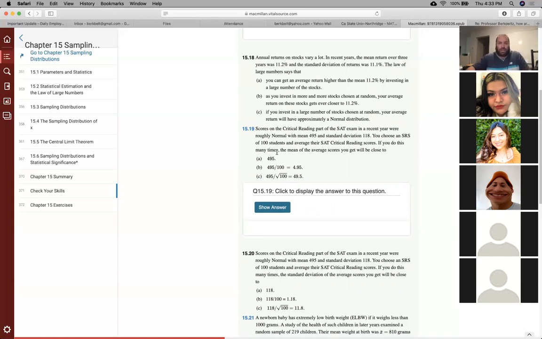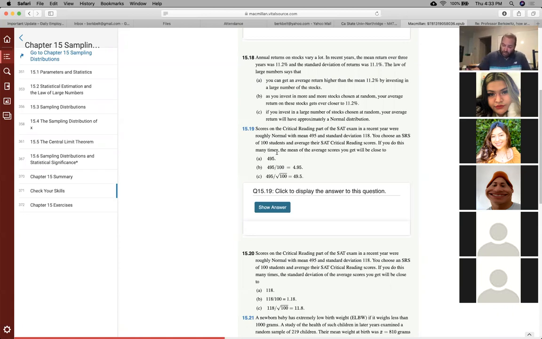Okay. It says scores on the critical reading part of the SAT exam in a recent year were roughly normal, with mean 495 and standard deviation 118, right? So we have an N of 495, 118 population distribution. This is for 1 at a time. Let's just remind ourselves what everything means here.